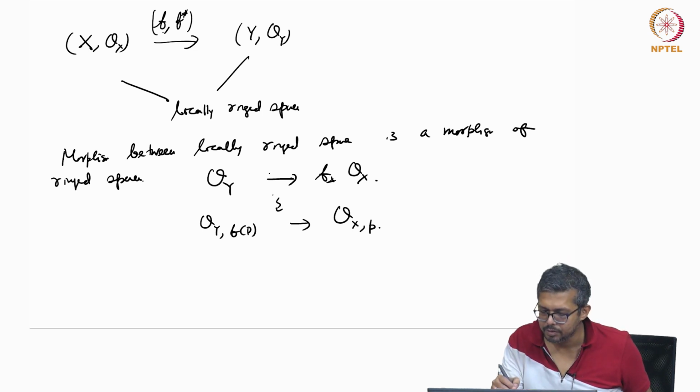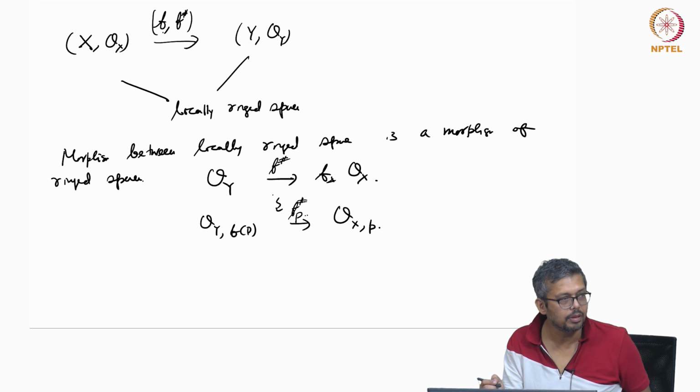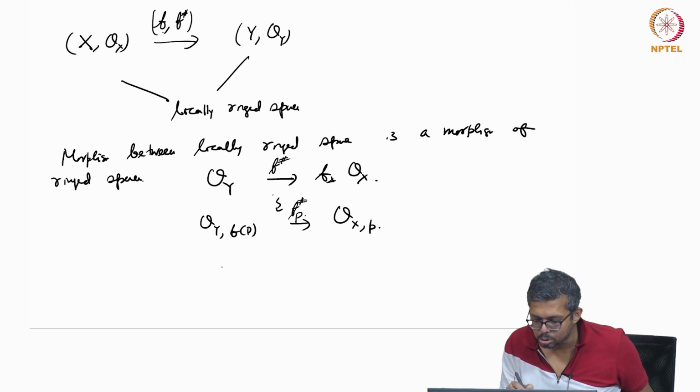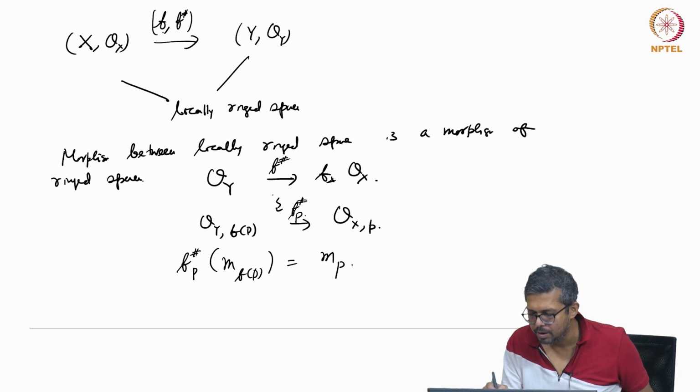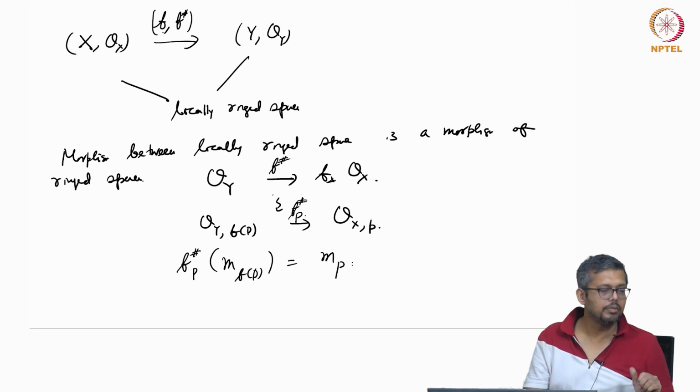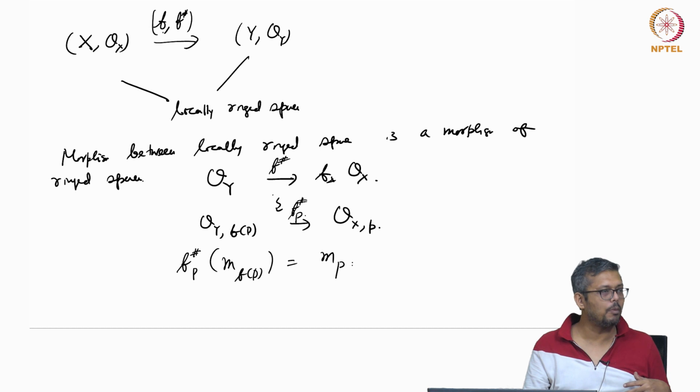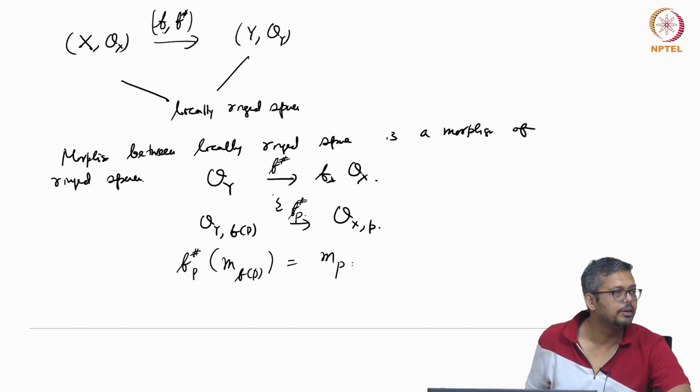This is your f hash, f hash p, the map on stalks at that point. Now this should take the maximal ideal of f(p) to the maximal ideal of p. So it's called a local homomorphism. It is a morphism of locally ringed spaces.